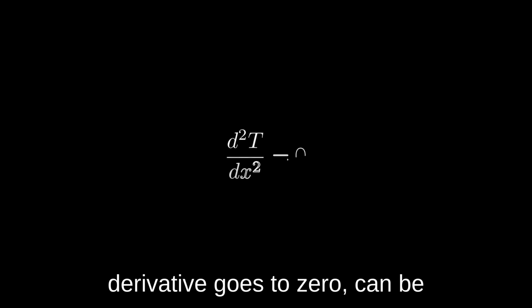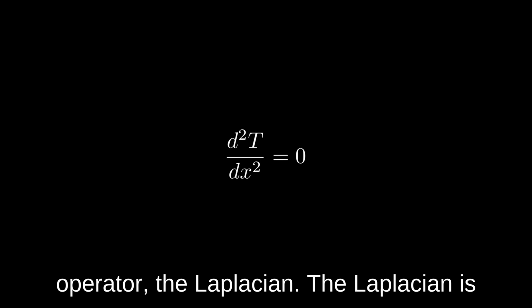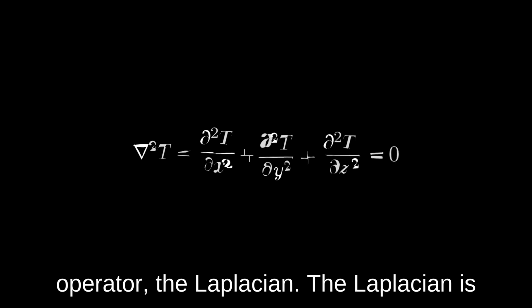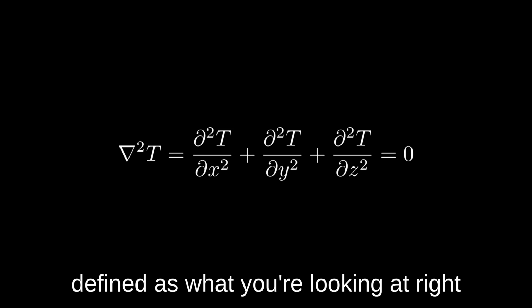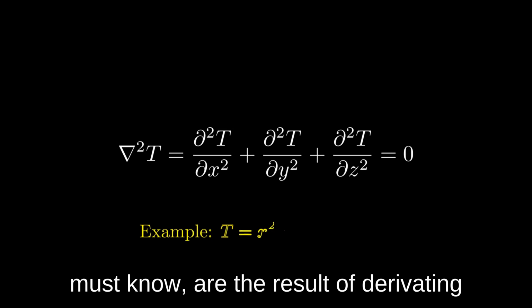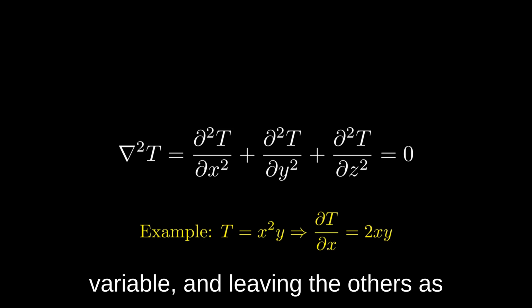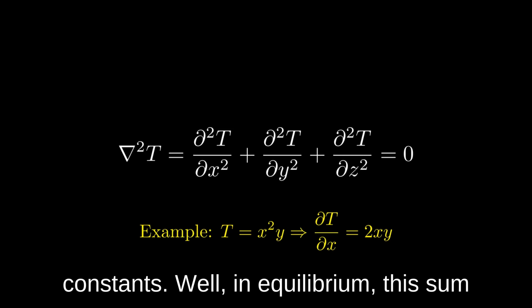The fact that, after a long time, we reach an equilibrium in which the second derivative goes to 0 can be generalized making use of a differential operator, the Laplacian. The Laplacian is defined as what you're looking at right now, where the partial derivatives, as you must know, are the result of derivating our function with respect to the specified variable, and leaving the others as constants.